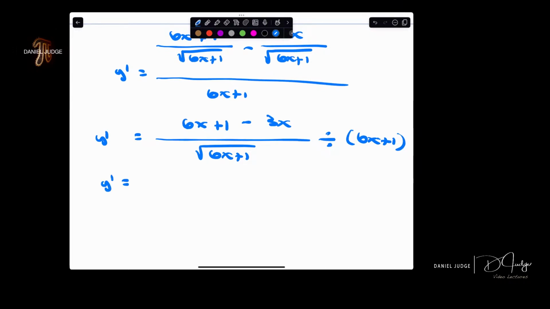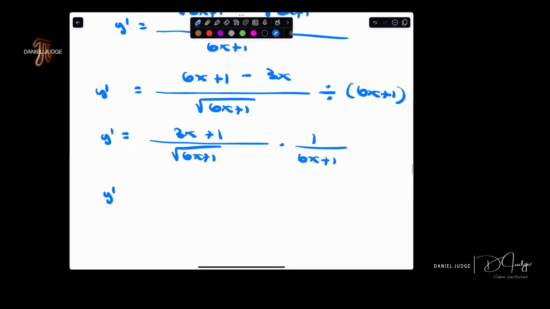And now we say that'll be 3x plus 1 over the square root of 6x plus 1 times 1 over 6x plus 1. And so, ladies and gentlemen, here we go. It's 3x plus 1 over, you can say, 6x plus 1 to the 3/2 power here.